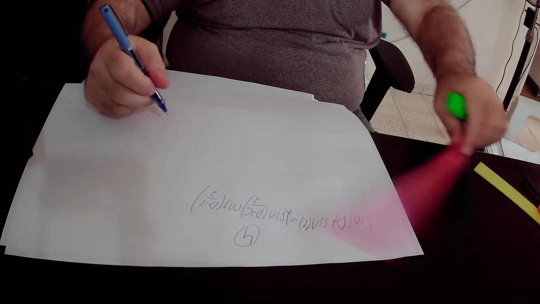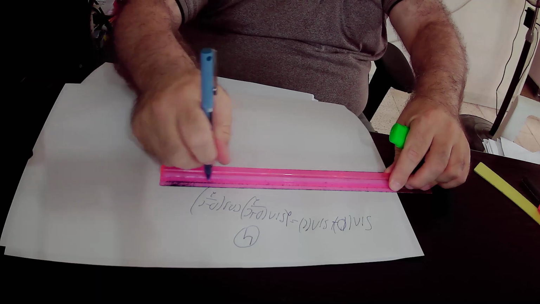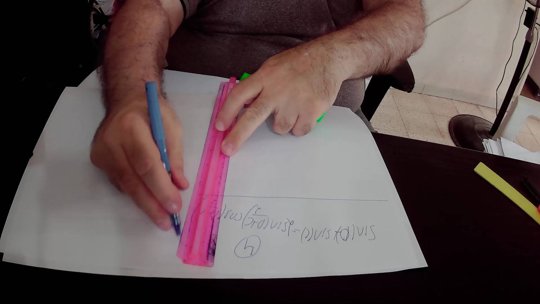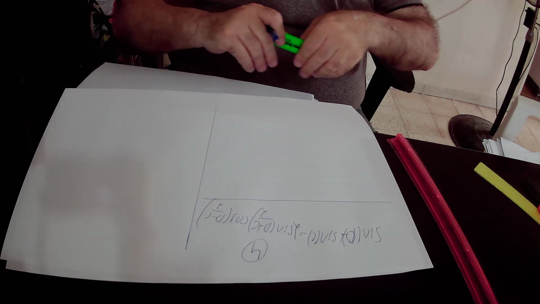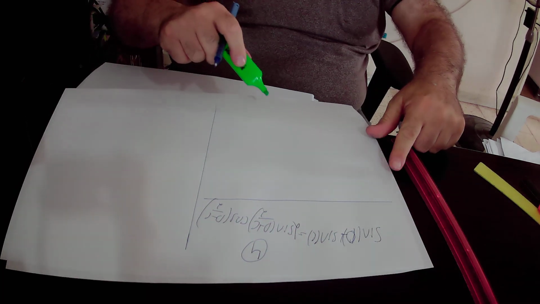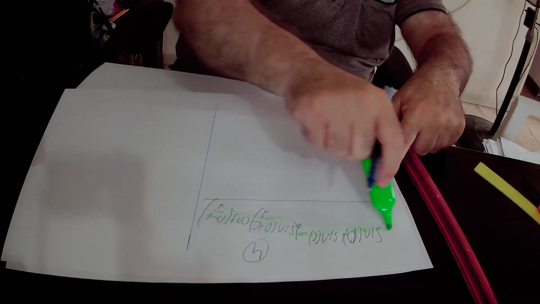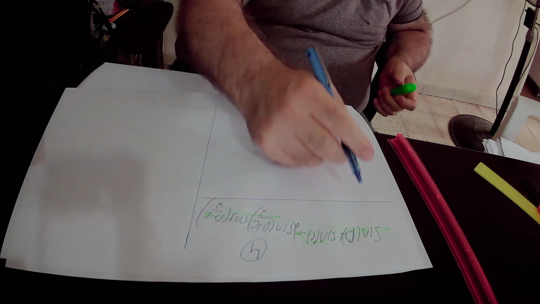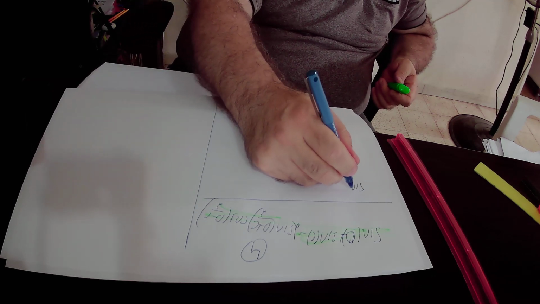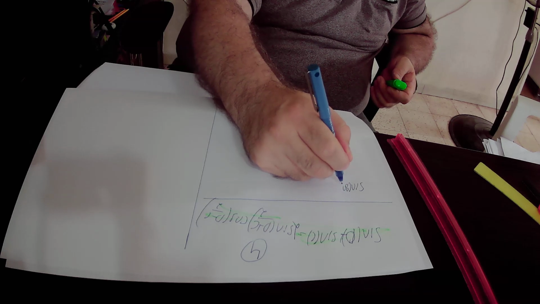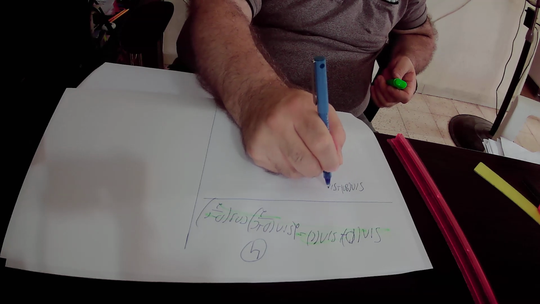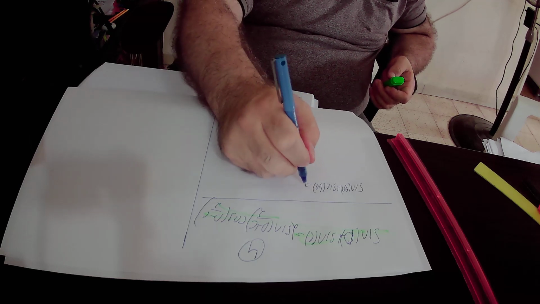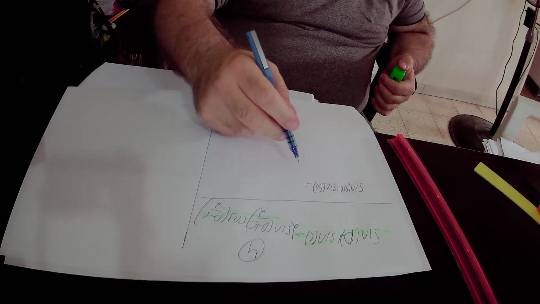Repeat again, sine D plus sine C equals 2 times sine (D plus C) over 2 times cosine (D minus C) over 2. We'll use this identity to find the value of sine 80 degrees plus sine 60 degrees.